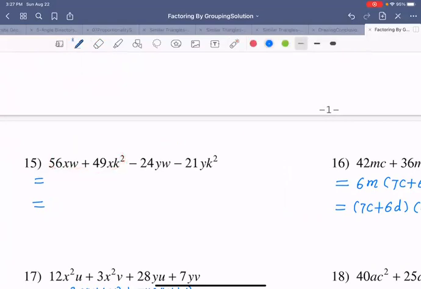The first two, the common denominator is 7. So you take out 7x. There you go.